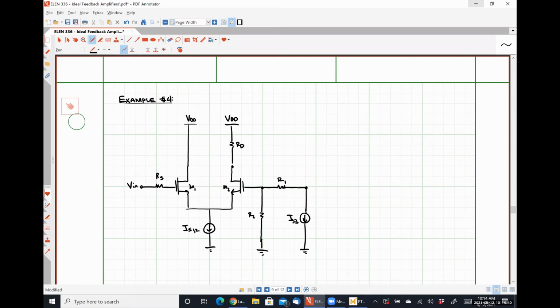Call this guy IS3. This is transistor M3. Here's our load resistance. Here's where we are taking our output.